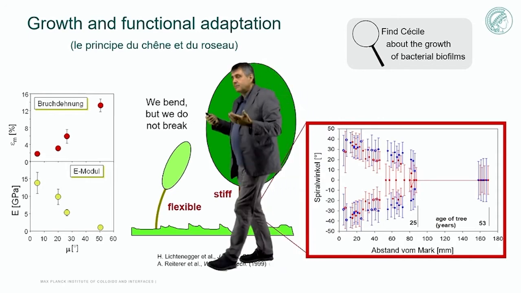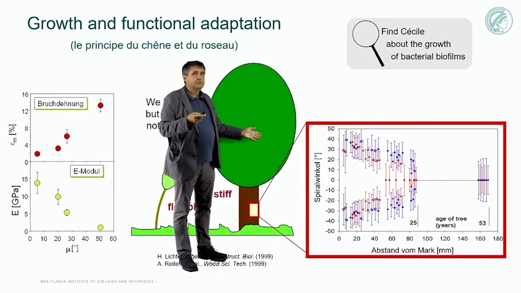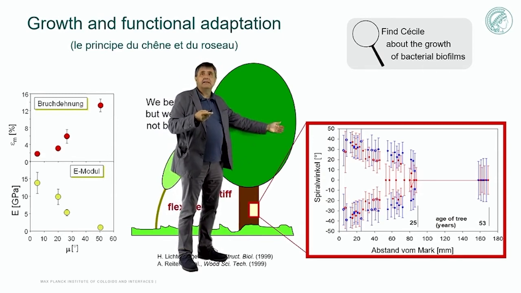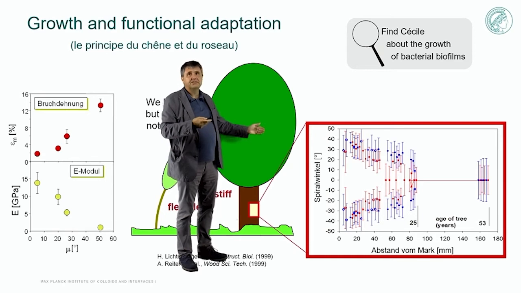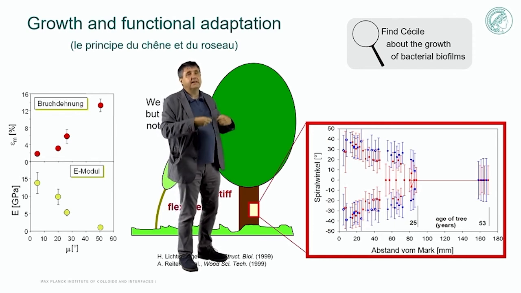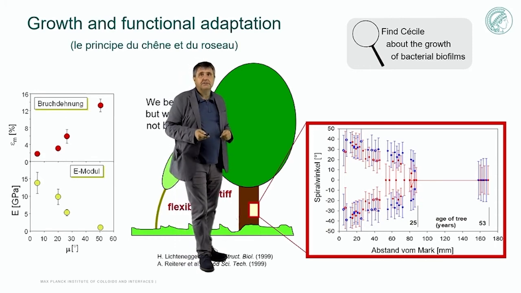And not surprisingly, what the tree is able to do, it's able to grow materials with a large fiber angle in the beginning, shown here in this graph, that is then decreased gradually and turns into a material with very high stiffness later in time. So adaptive growth is the procedure by which this plant is able to acquire the optimal properties as a function of time.